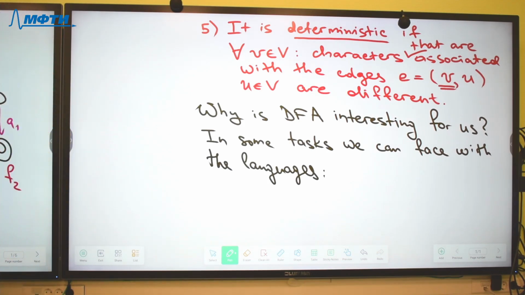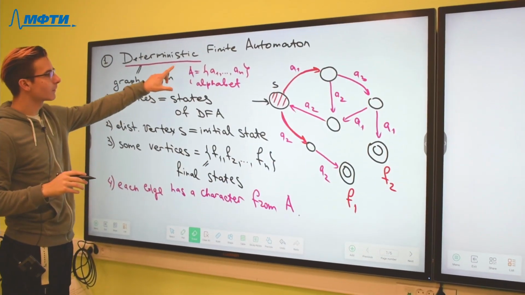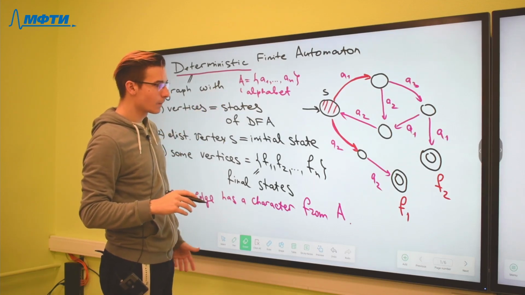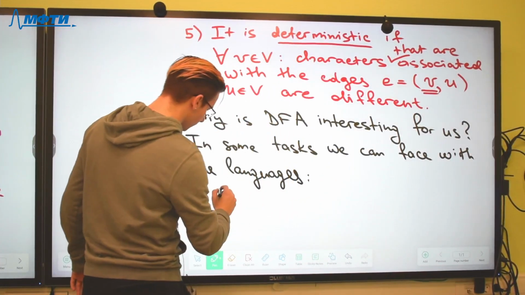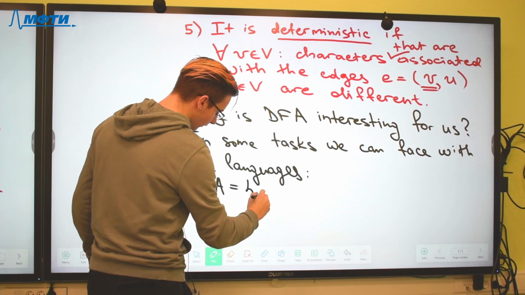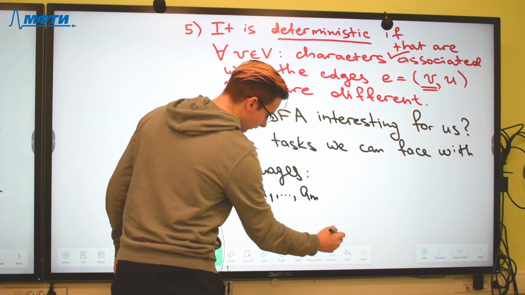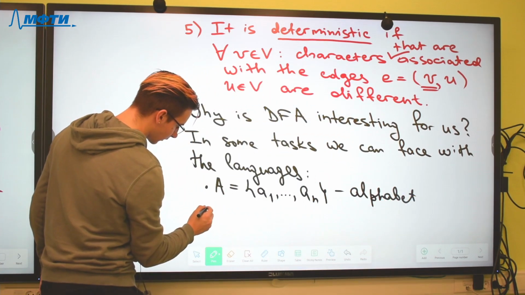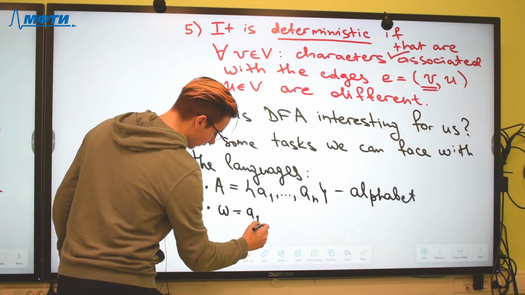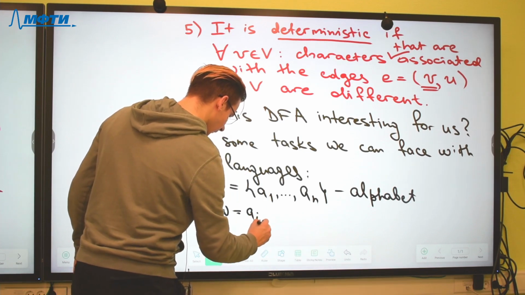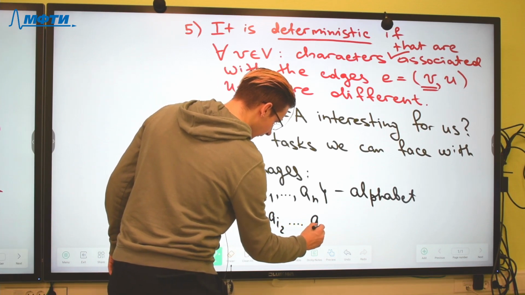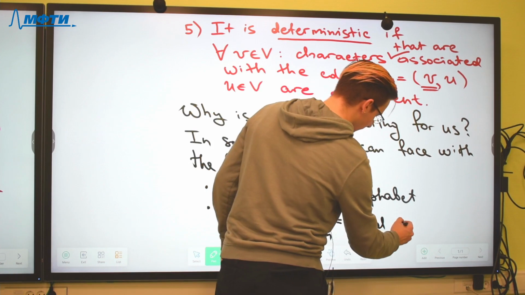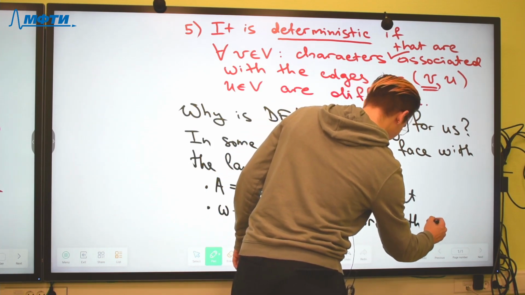For example, if we set the alphabet A, we can say that a sequence of characters from this alphabet is a word. It is a word with n characters.